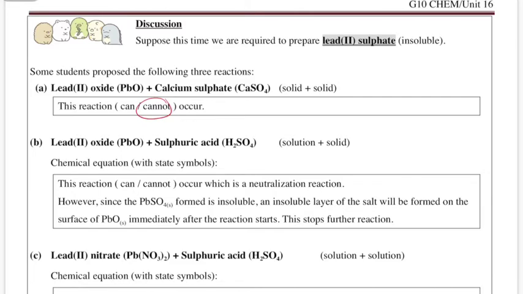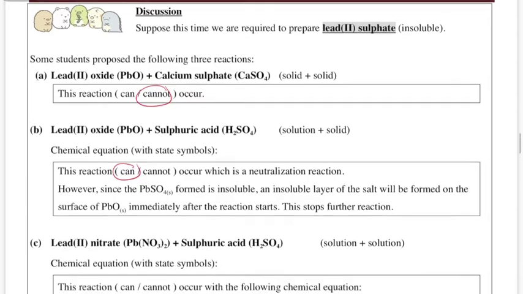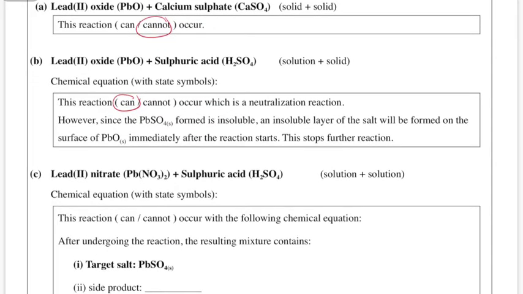How about the second choice, lead-2 oxide plus sulfuric acid? Lead-2 oxide is a base, sulfuric acid is an acid, so base with acid, then a neutralization reaction. So first we can circle that this reaction can take place. It's a common neutralization reaction. Then we need to consider the second factor. Can we easily separate the product, the target salt, from the side product and also the unreacted reactants?